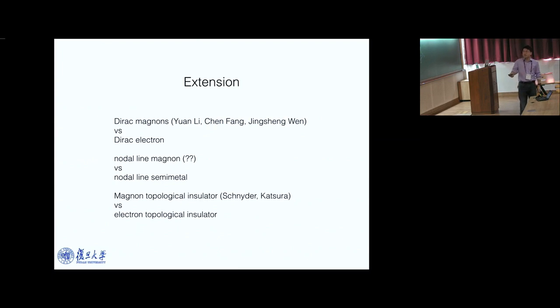These people point out that under certain lattice symmetries, at some high symmetry momentum points, you can have some reduced version of Kramers theorem. Then you can define a so-called Z2 topological invariant for a band structure of magnons. So they figure out a particular symmetry realization of this magnetic topological insulator.